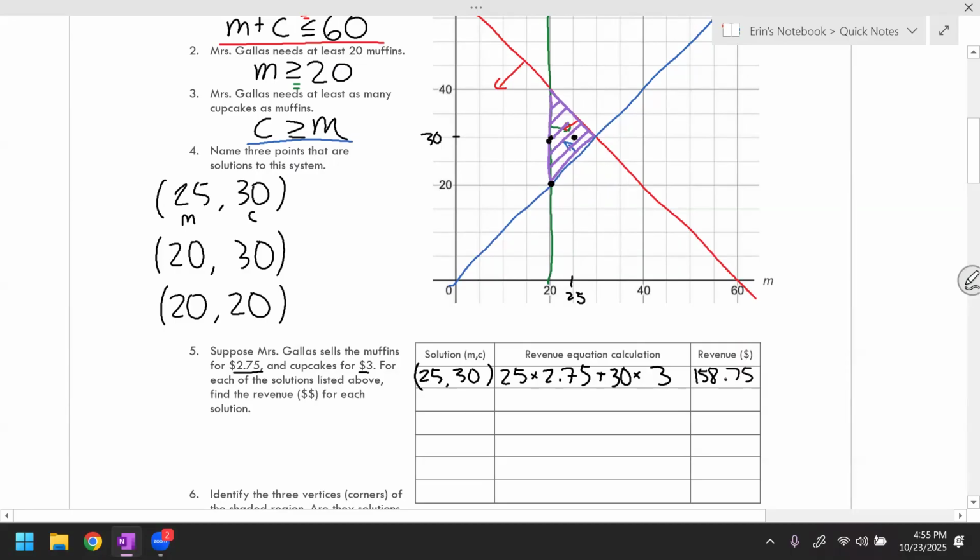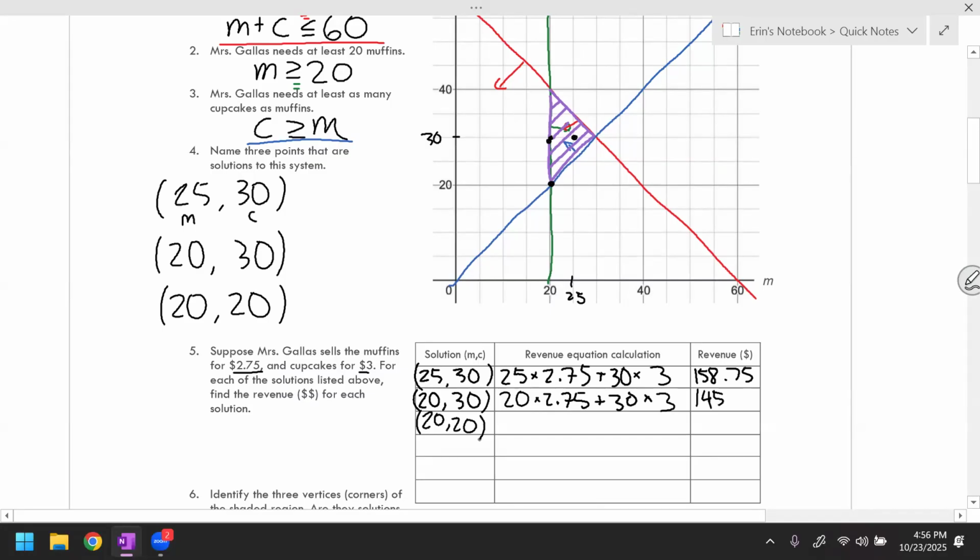How about 20, 30? So 20 times $2.75 plus 30 times 3. This will be $145. Okay, not quite as much money, but that's fine. How about 20, 20? Well, this probably won't make nearly as much money.